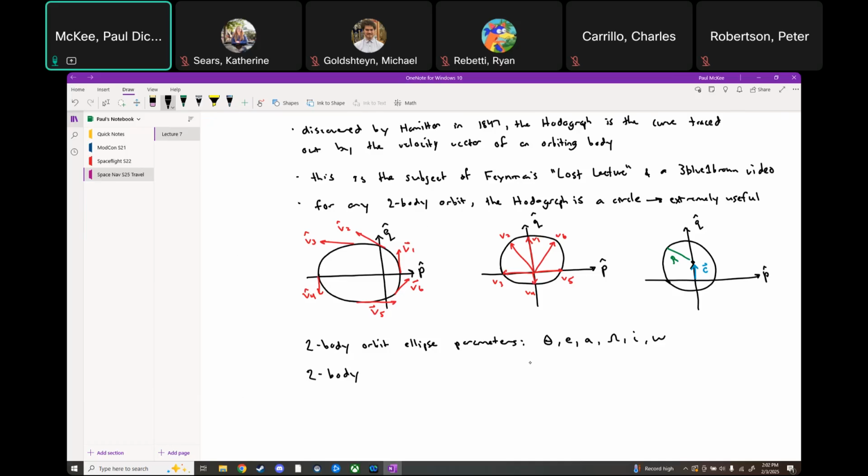Anyone want to hazard a guess? What's the full list of hodograph parameters? We know a lot of them already. The vertical displacement of the center of the circle, I should say. Yep, we're going to call that lowercase c. What else do we need to know? Radius? Yep, the radius r. Okay, what else?